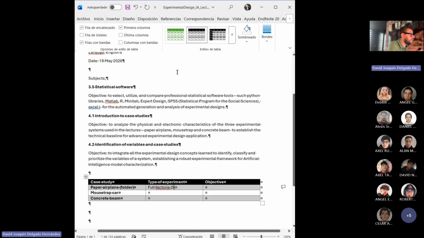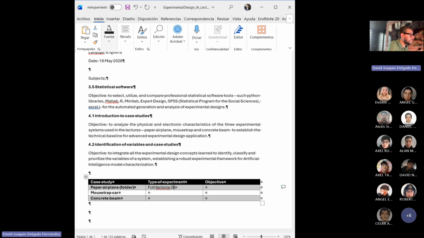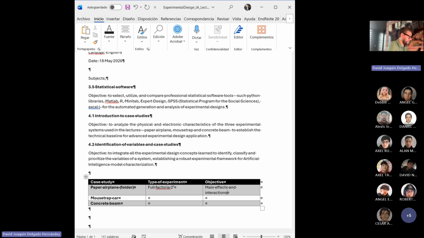And the objective is to look at the main effects and interactions of the variables.